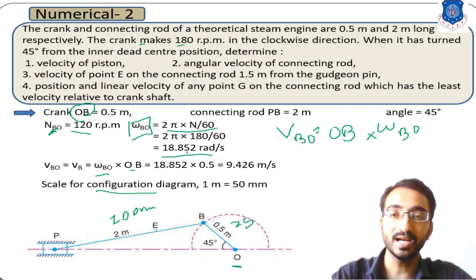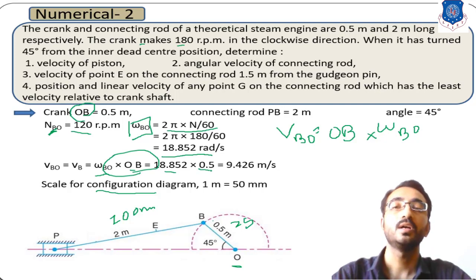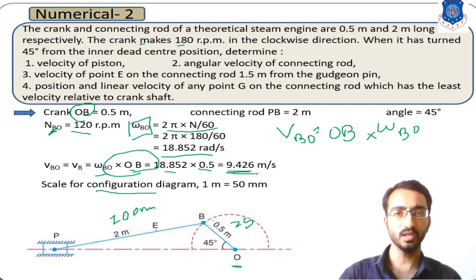Now you have omega of 18.852 and the actual length of OB is 0.5 meter. So 18.852 into 0.5 will give you 9.426 meter per second. Okay, so this is the simple procedure to sketch the configuration diagram for the velocity analysis.